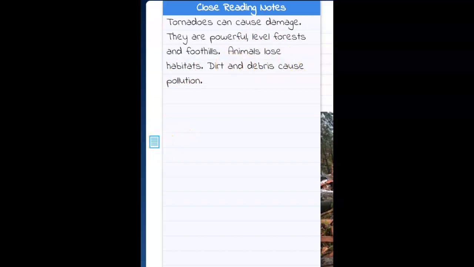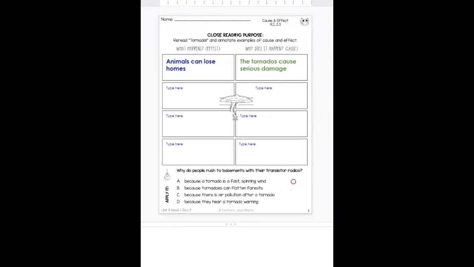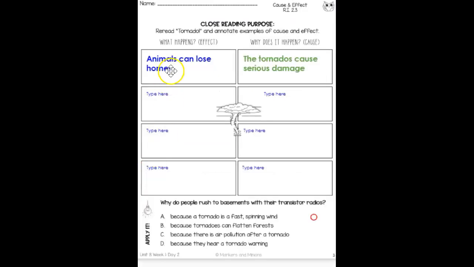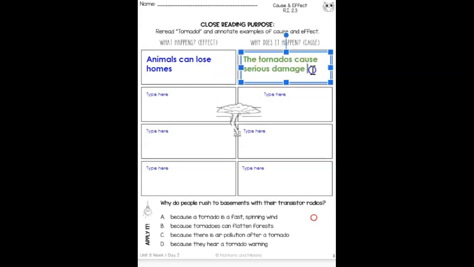All right, perfect. So if I go back here, animals can lose homes. That's what happened. Why can animals lose homes? You could put tornadoes cause serious damage, but as I went back in my text, if I want to get a little bit more specific, I am going to say powerful winds level forest, foothills.